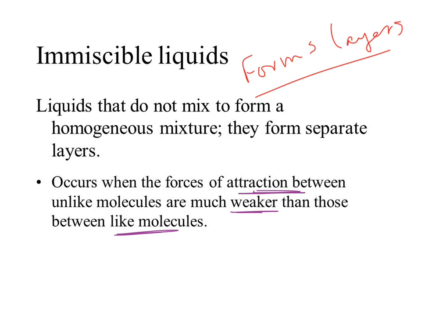So I've heard it described like this. It's like if you're at a dance and you have the cool kids, and then you have the miscellaneous kids. And the miscellaneous kids are cool. The cool kids are cool. They're all cool, let's just face it. But it's like they all want to be with each other.